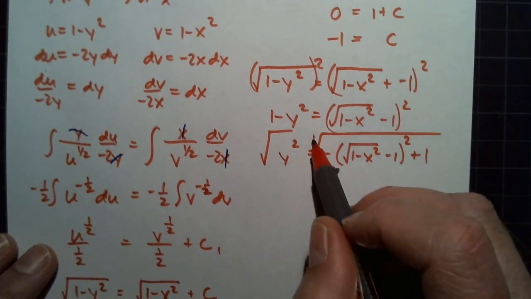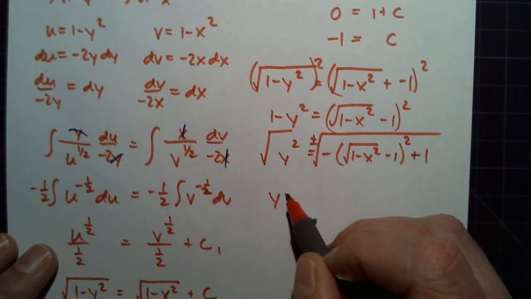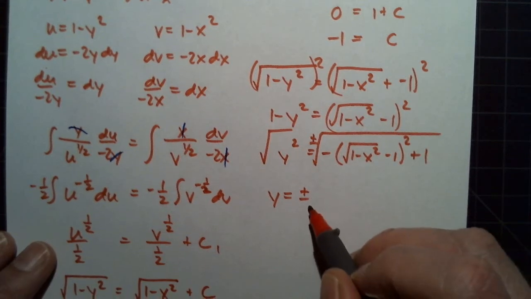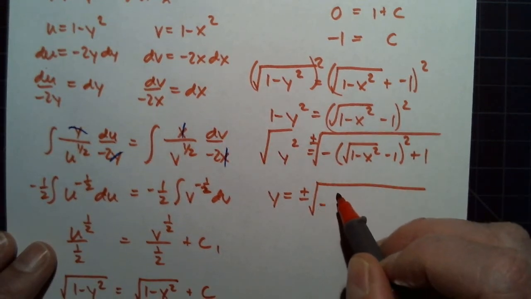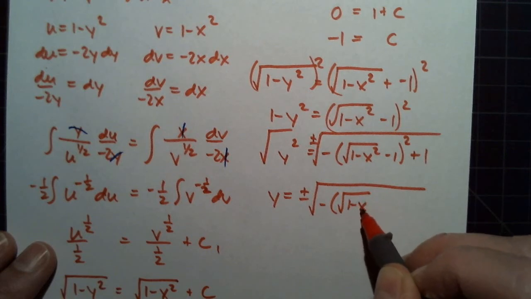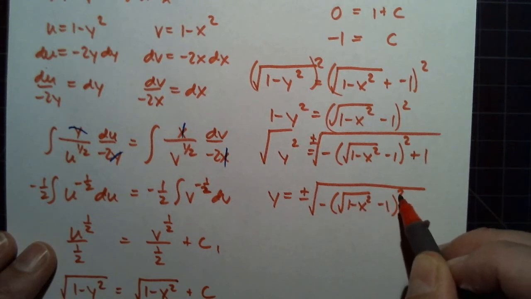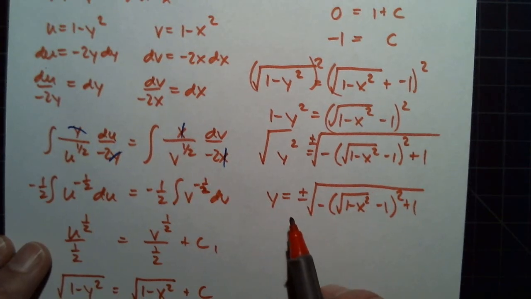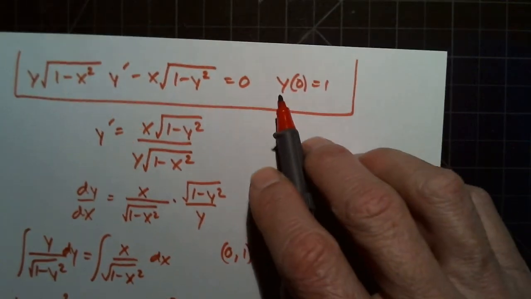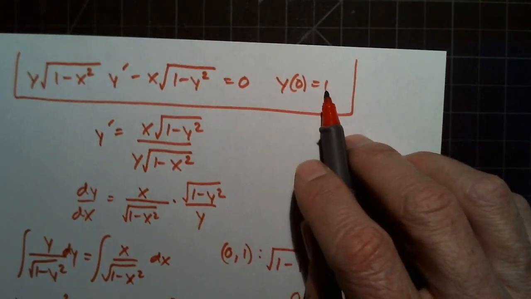When we do the square root, we have a positive or a negative, and this comes up with particular solutions. We have to know which one to use, but it's pretty easy because the initial condition tells us which one to use. What is the y value going to be? So we look up here and it says the y value is positive.